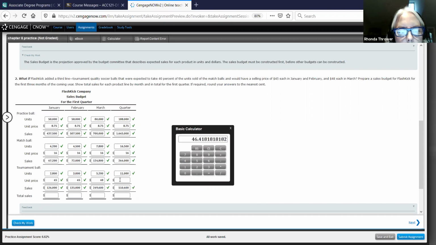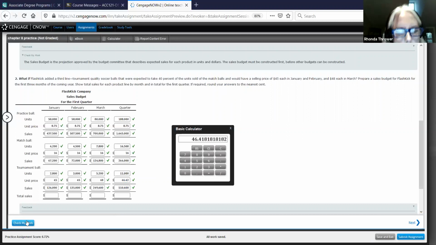And that will give me an average of $46. And I'm going to go ahead and round that up and see if it'll take it. $46.42. Because it says to round to the nearest cent.